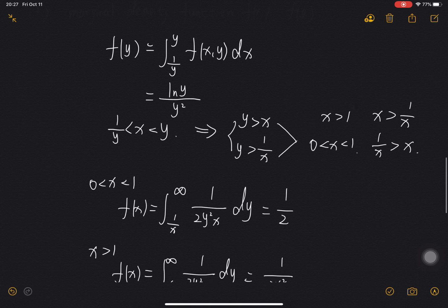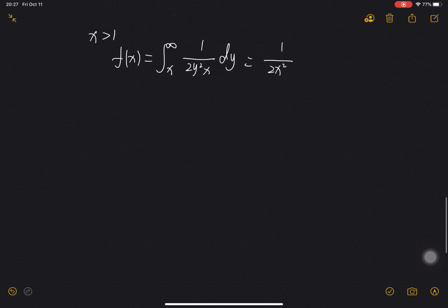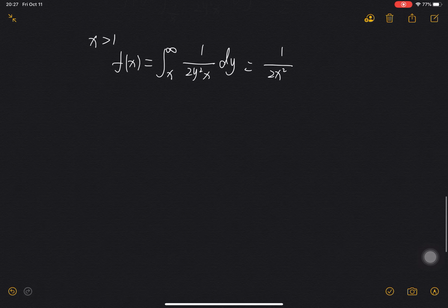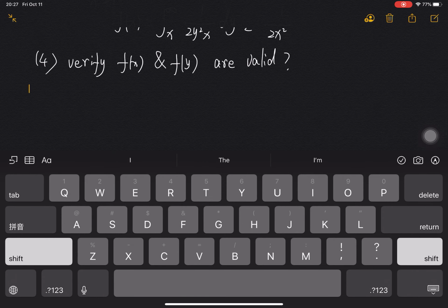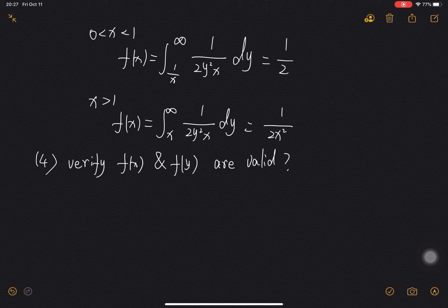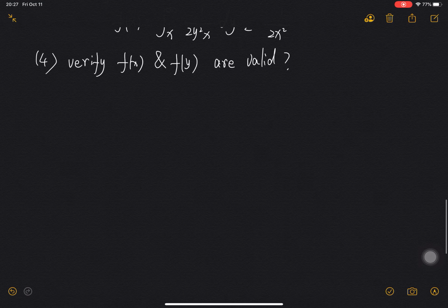So 3 questions down, and we still have 1 more. The 4th question asked us to verify if f_X and f_Y are valid. And this is also easy when we're trying to verify a density function.